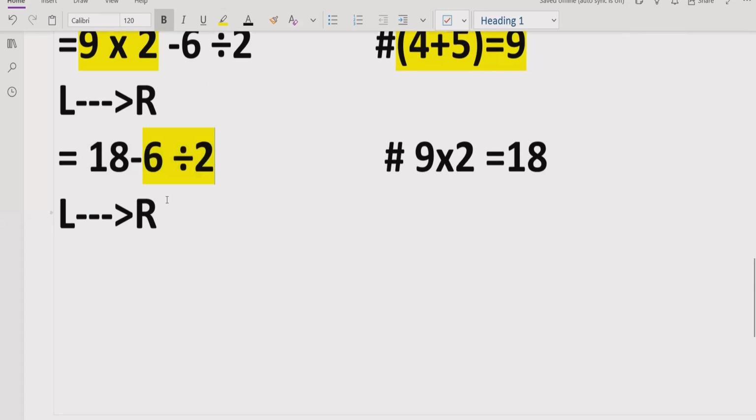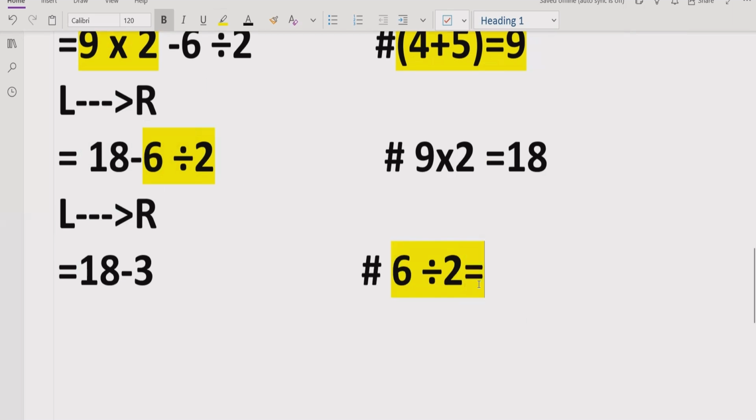So this part we solve first: 18 minus 6 divided by 2, and 6 divided by 2 equals 3.